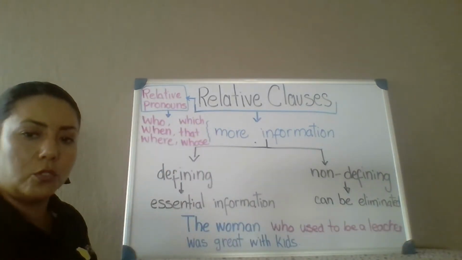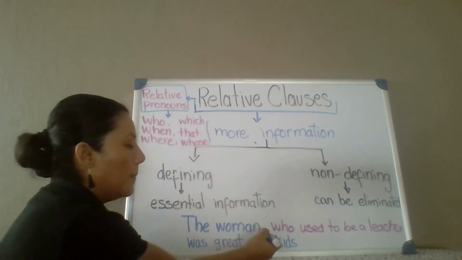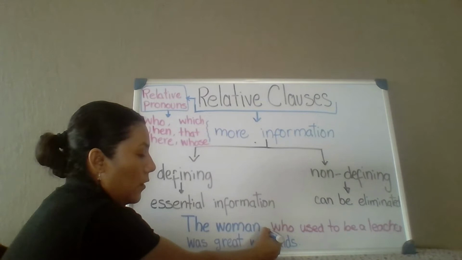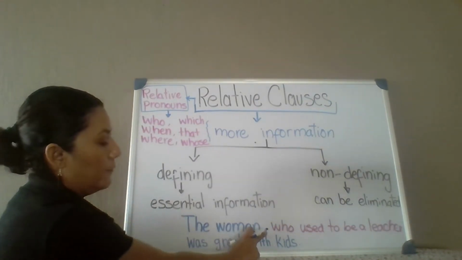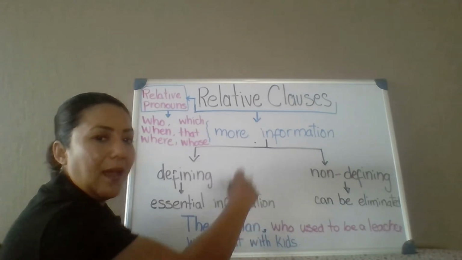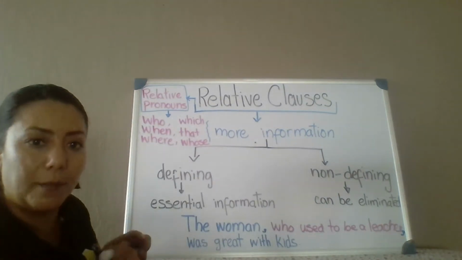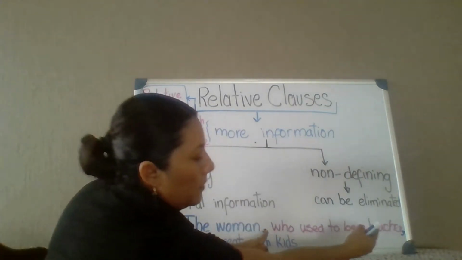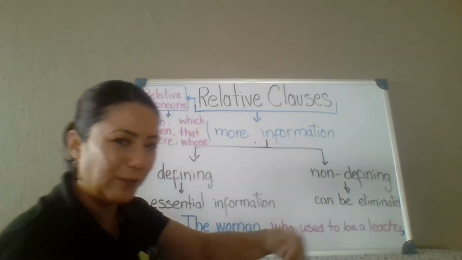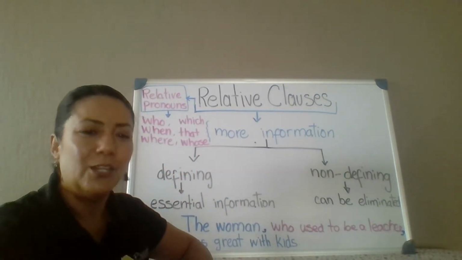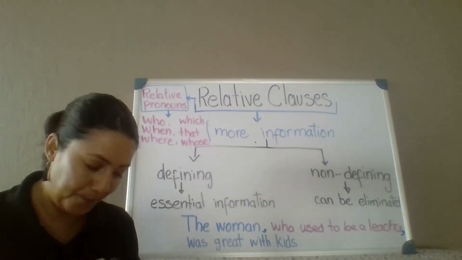The woman who used to be a teacher, the rule says we need a comma before the relative pronoun and a comma after the relative clause. Two commas, two. One before the relative clause and one after the relative clause. Okay? Good job. Let's go to the book page and do our work.